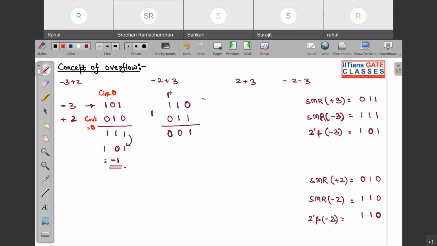So this one is C in, and this one is your C out, carry out. So carry in is 1, carry out is 1, and we get a positive number over here, that is 0 0 1. If I want to convert it back to decimal, this 0 is the sign bit, and this will be plus 1.